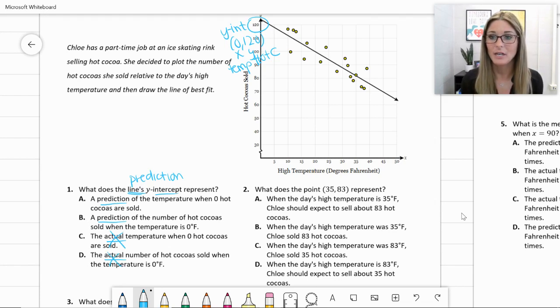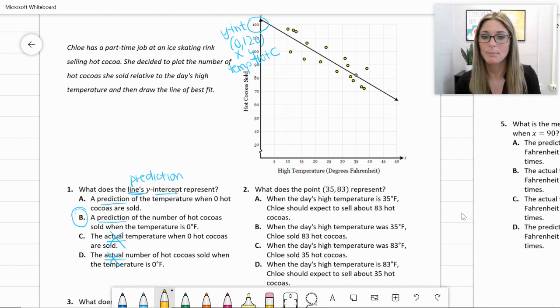When we are looking at our line of best fit, we're considering values along our line, what might be expected or predicted. When we're talking about actual points on our scatter plot, those are actual values that have occurred. So it's not C or D. As I said, B was our best answer. It is a prediction because it's the y-intercept of our line of best fit, of the number of hot cocoas sold when the temperature is 0 degrees Fahrenheit.